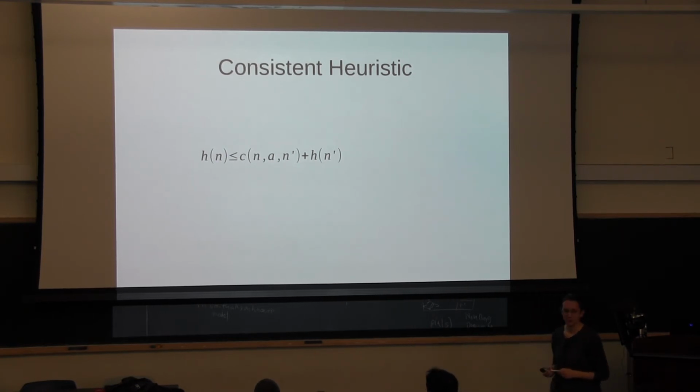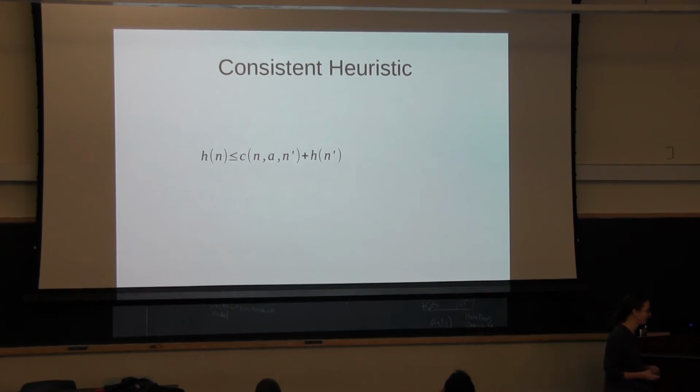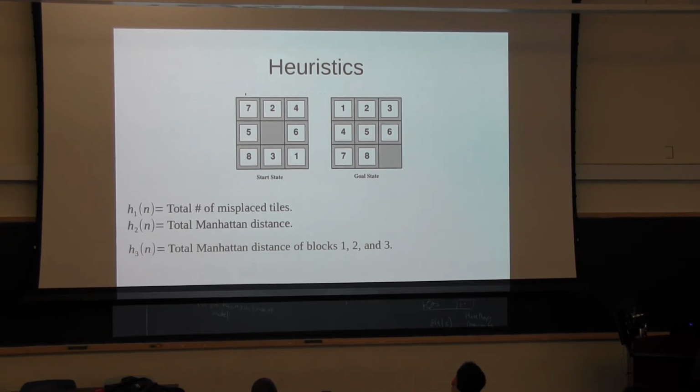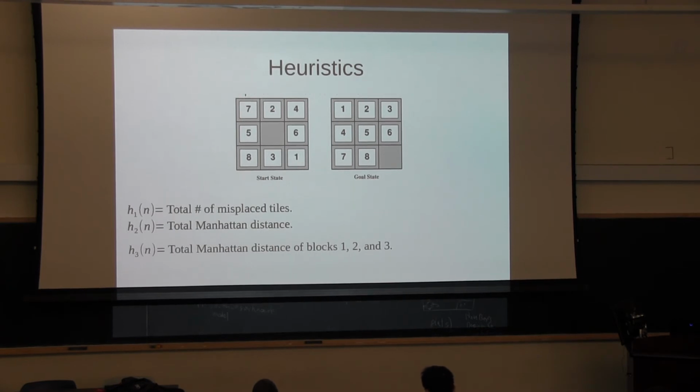All right, so we talked about heuristics, admissible, consistent. There's examples, like the Manhattan distance. Yes? What's the difference between uniform cost search and Dijkstra's? Yeah, so uniform cost search is when the cost to go from one node to another node is always the same.